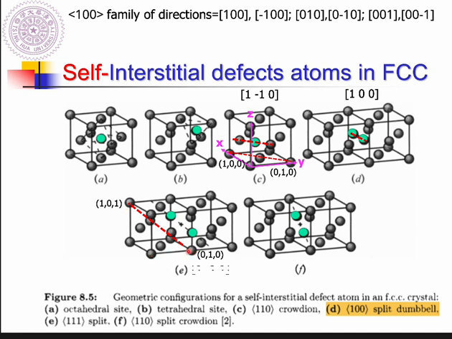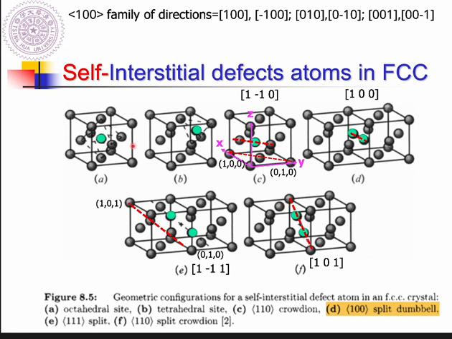Then the vector direction would be 1, -1, 1. So it belongs to the family of 1, 1, 1. And this one is a split crowdion, and also based on its vector direction, you know it belongs to the 1, 1, 0 split crowdion.